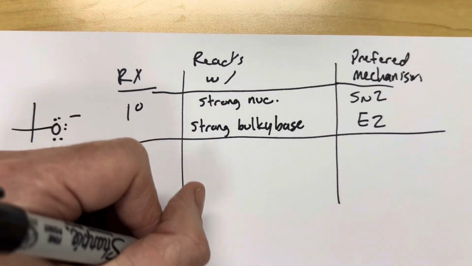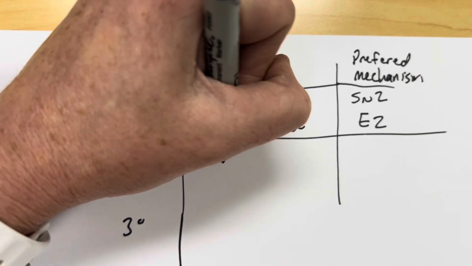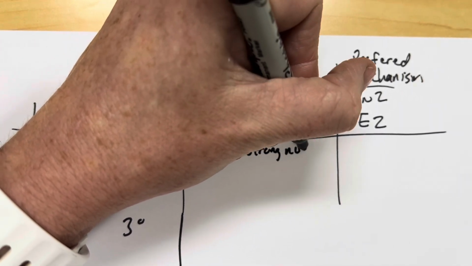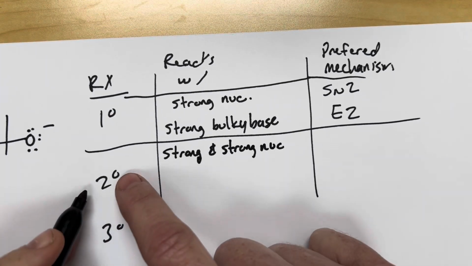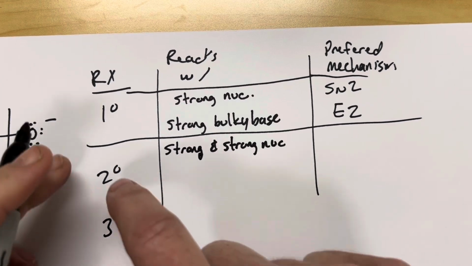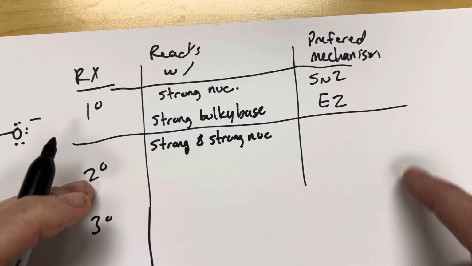If you have a secondary and you have a strong base and a strong nuke, okay, SN2 and SN1 can both do secondary. So when you're looking at something that's secondary, you need to look at these factors here to determine which one it's going to go via.